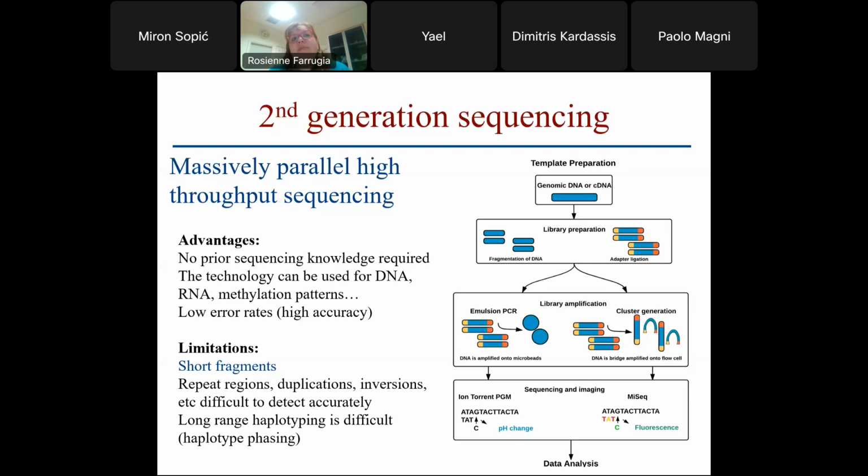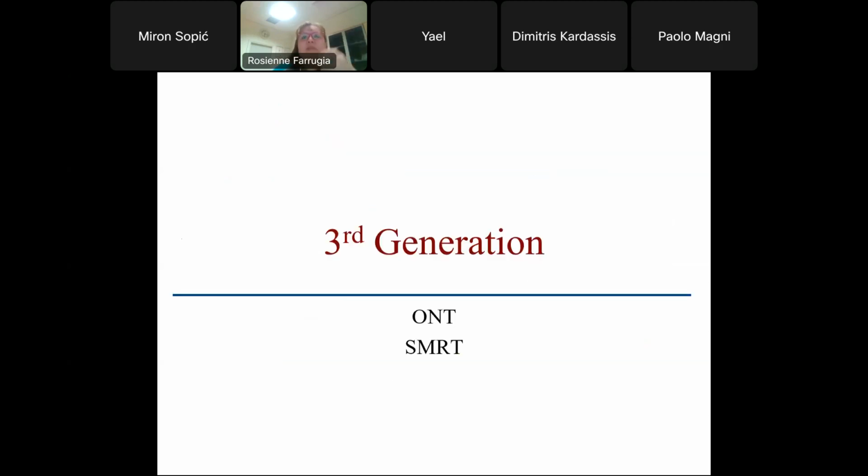So the short fragments are the main limitation of second-generation sequencing. And this is mostly what is driving the development of third-generation sequencing. There are two main technologies which are now commonly used. I'm pretty sure that more things will be developed in the near future. But the two technologies commonly used nowadays are Oxford Nanopore technology and the SMRT technology of Pacific Biosciences.